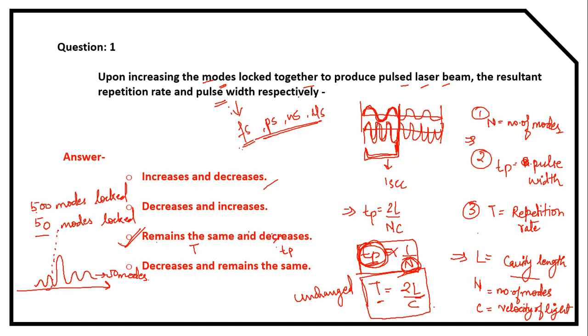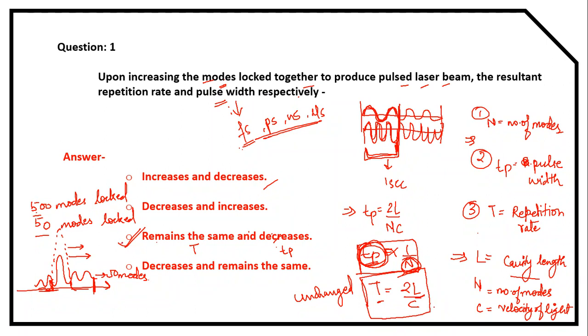For 500 modes, you will get a sharper pulse and a much smaller pulse width. So the pulse width for the 500 modes is reduced. That is why, in order to get a shorter, narrower pulse, you need to increase the number of modes in your setup.